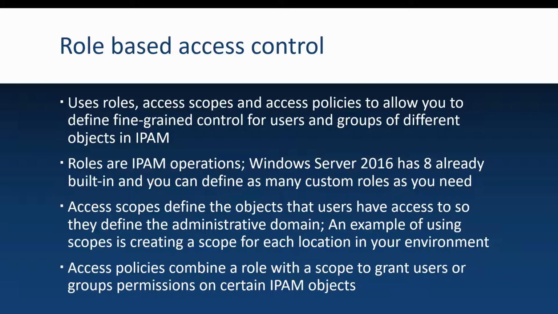And what I explained here goes actually into the access policies, because when we combine a role, meaning the possibility to create a new DNS entry, for example, with a scope, we get that fine-grained control that I was talking about.